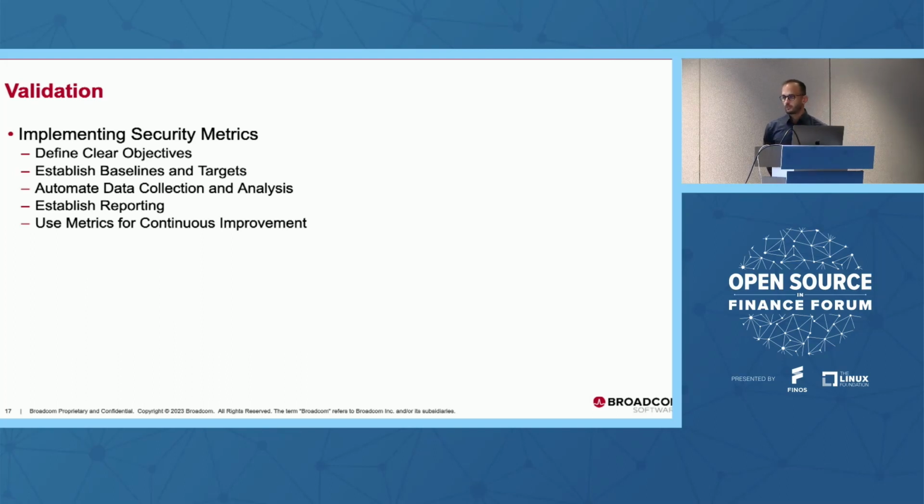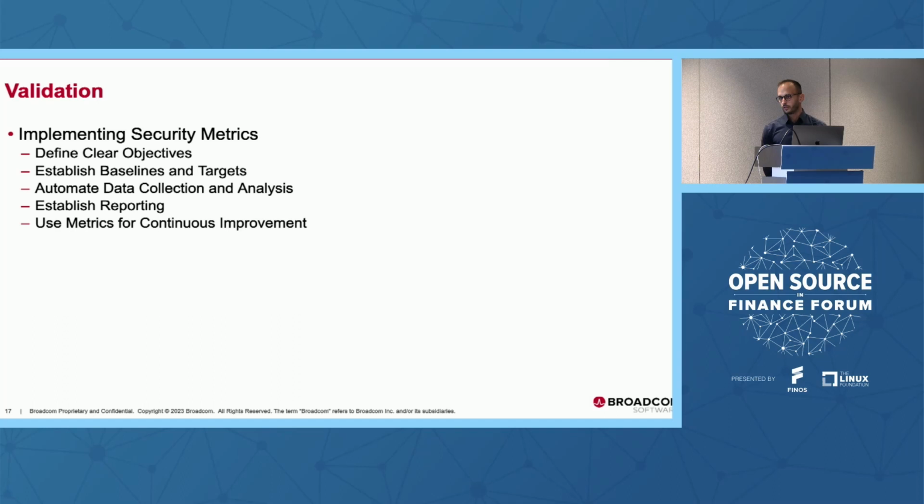So you are doing all these best practices, but in the end you need to know how well you are doing. So you need to do some kind of validation of that process. For this, it's very important to collect metrics from your development lifecycle.